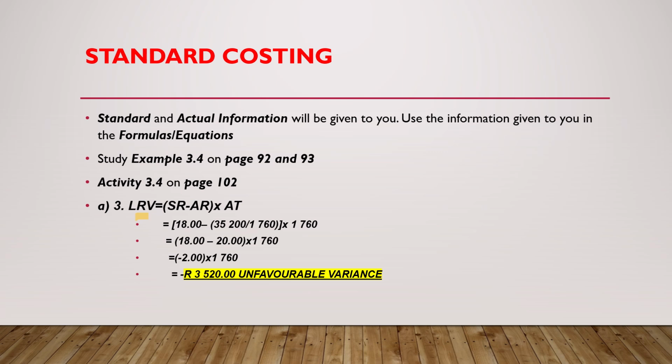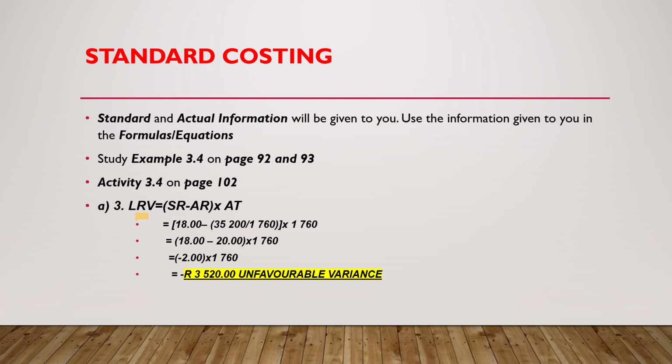So minus, let's look at actual rate. Go to actual results, actual information, and look for anything talking about labor. So they say 1,760 labor hours were used at a total cost of 35,200. Meaning these people worked 1,760 hours and then they were paid 35,200 rand.